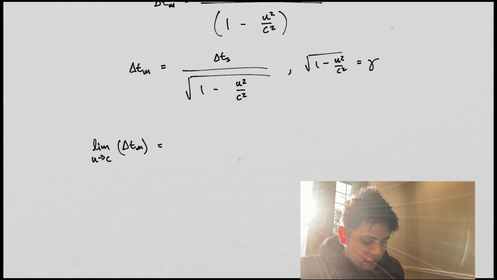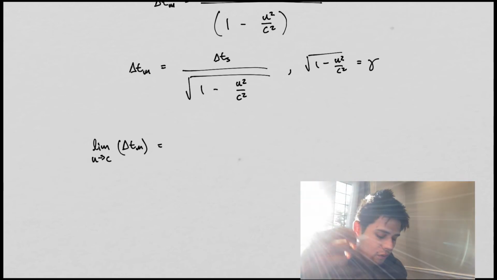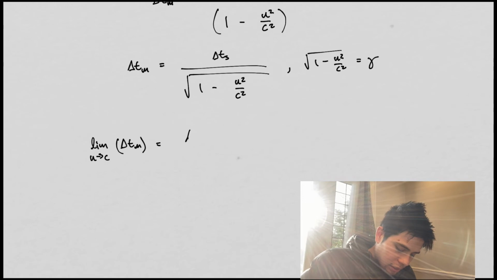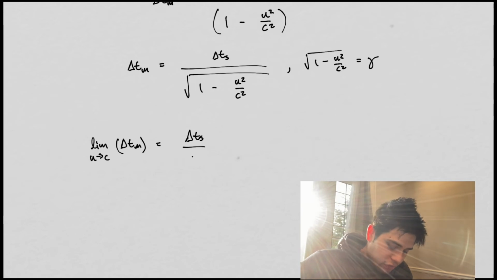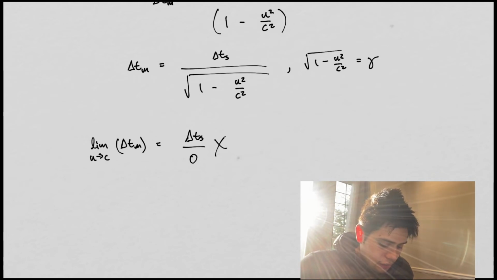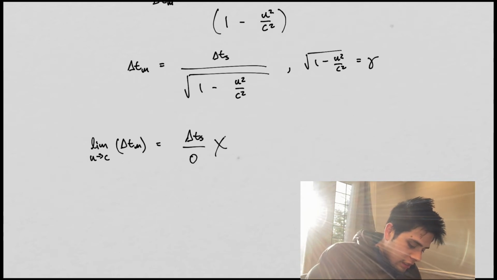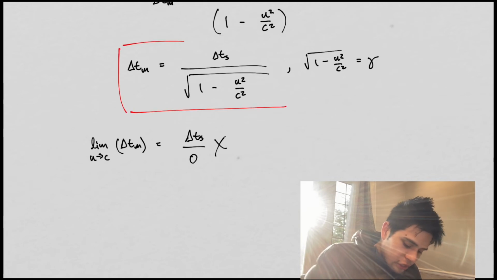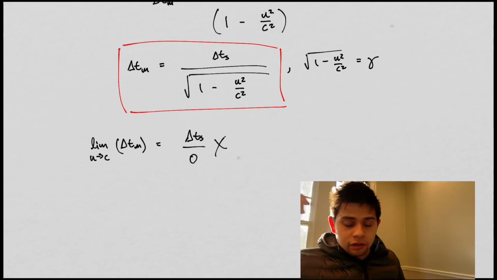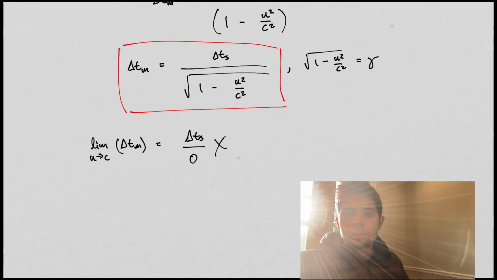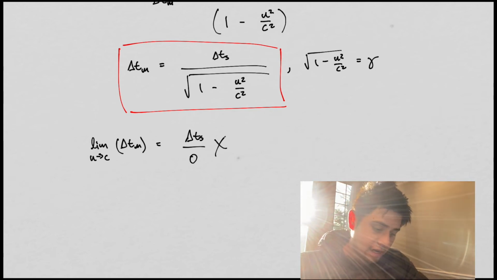As we get closer and closer to 1, we get to this delta Ts over 0, which isn't going to work. So this here is the relationship that we're looking for. And this is going to be really useful when we start talking about proper time, which is mentioned in the book, and which is what we're going to cover right now.